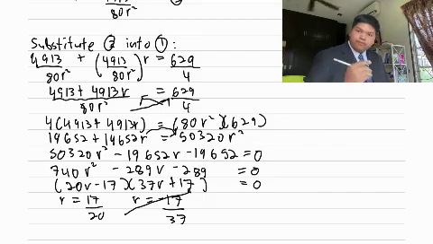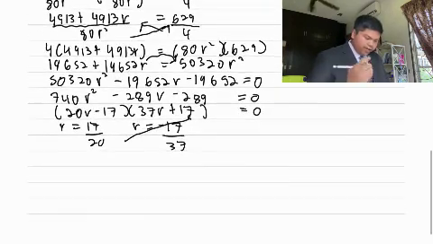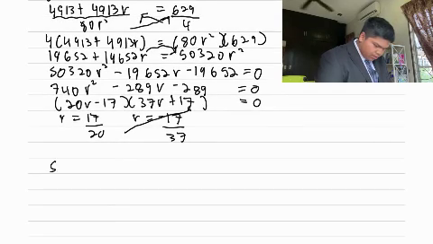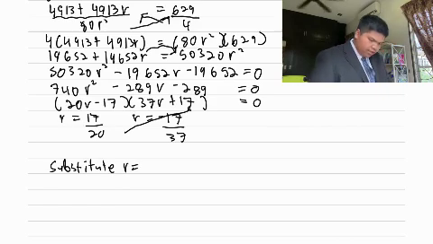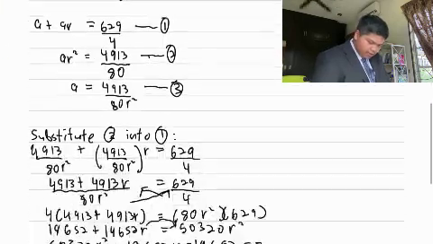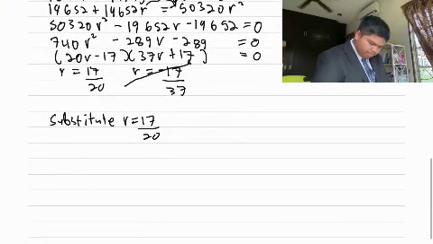Now that we have found the value of r, we can find the value of a. So we can just take r, so substitute r equals 17 over 20 into our third equation to get the value of a. Substitute r into 3.